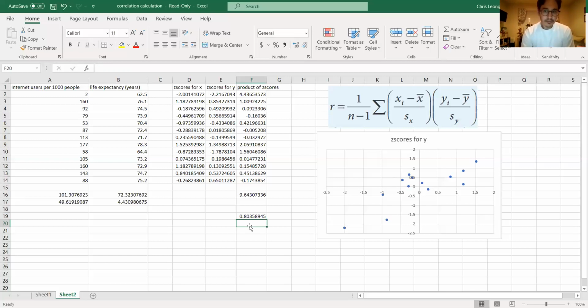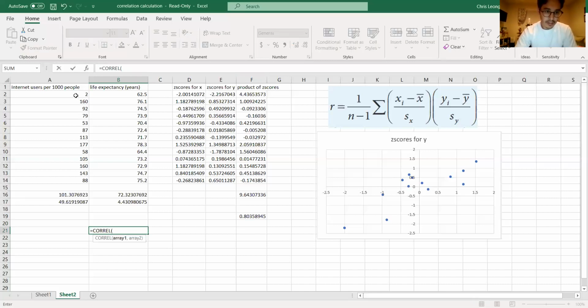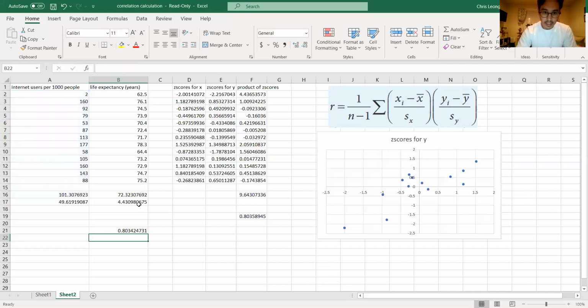All right. So did I do it all correctly? Well, in Excel, there is a command to just calculate the correlation coefficient. I think it's just CORREL is what they call it. I need to input the x values, followed by the y values. And there it is.